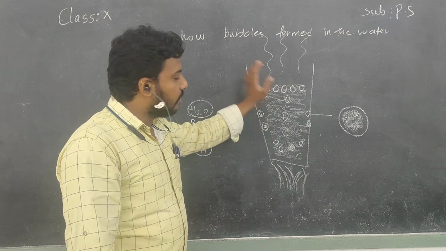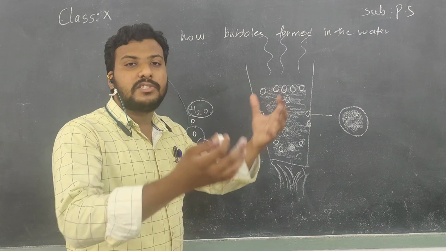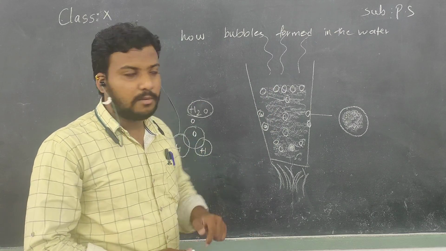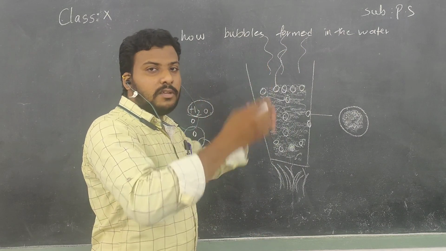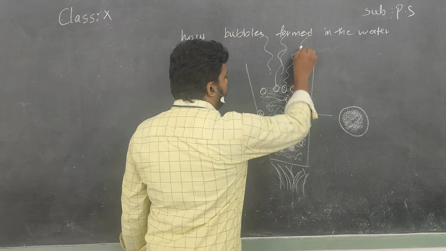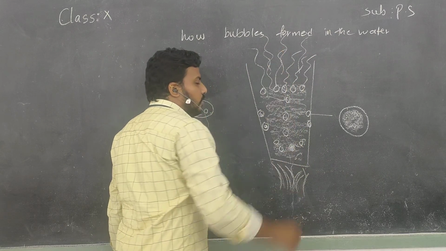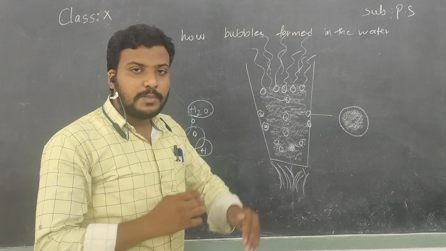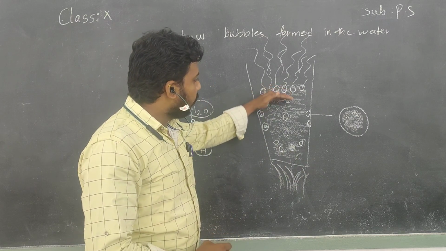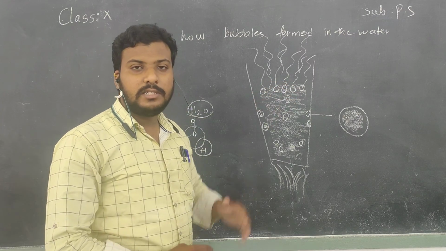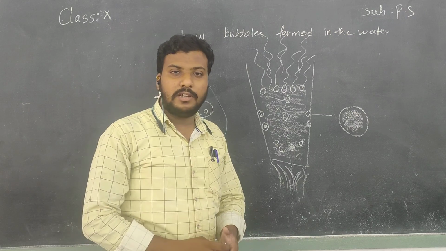There they release the vapor present in the bubble into the air, children. They come up and they burst, and all the vapors are released into the air, children. So when this process happens continuously, the level of water decreases, children, because you are providing a continuous supply of heat.